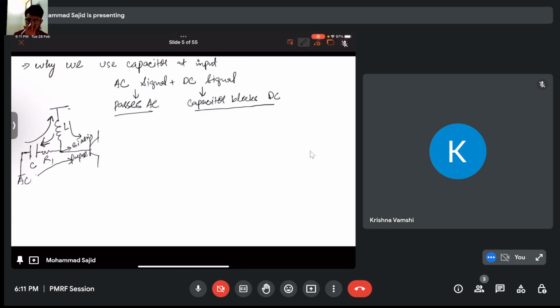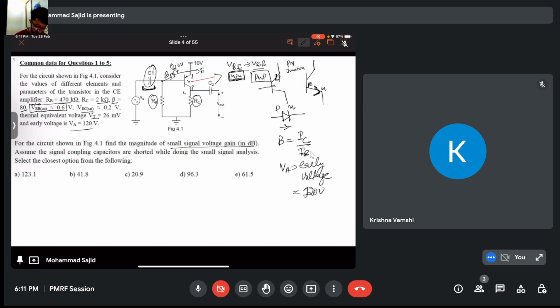So for that purpose we use an LC circuit, such that this blocks DC and this blocks AC, right? That is the purpose of the capacitor here, such that the DC signal only gives a voltage here and does not pass through this path. So the DC current will be 0.